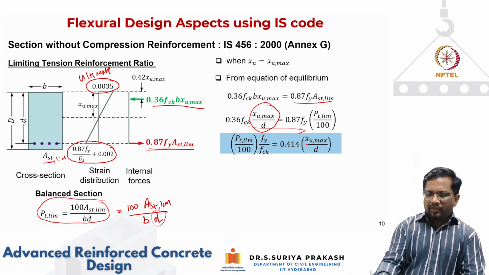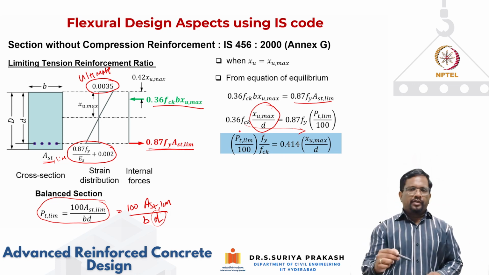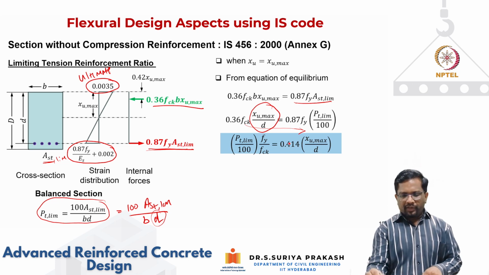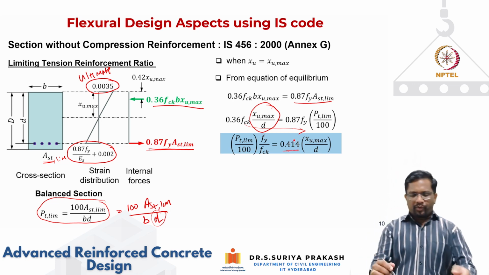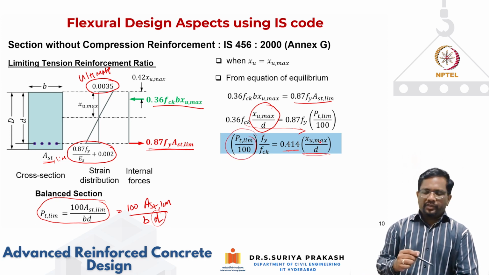If you substitute that, 0.36 divided by 0.87 becomes 0.414 Xc max by D. So this is a very important expression, which expresses PT limit in terms of Xc max by D.